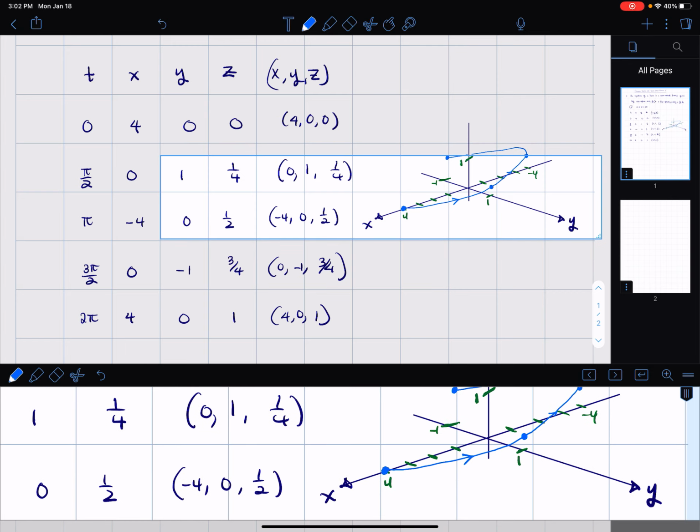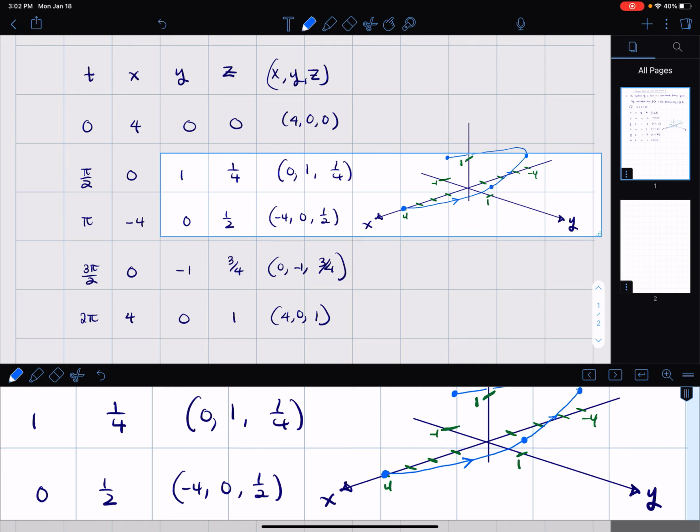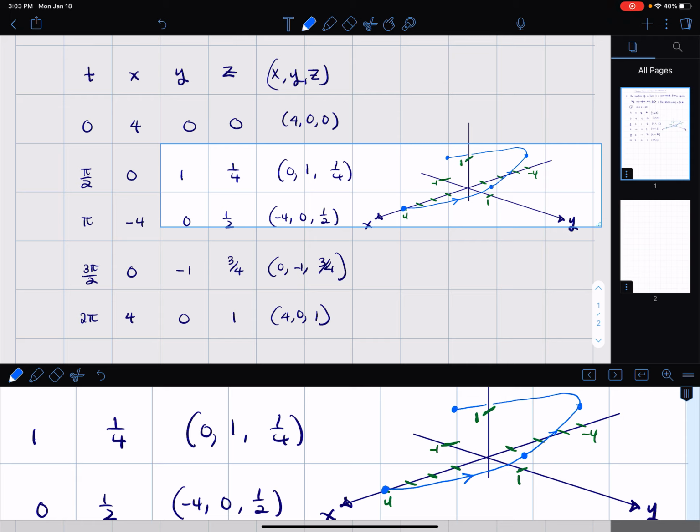When x is 4, y is 0, and then z is at 1. So we want something over here like that. So this is like a tiny part of a helix.